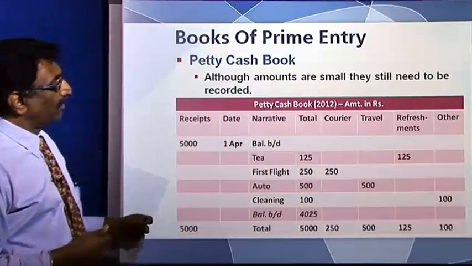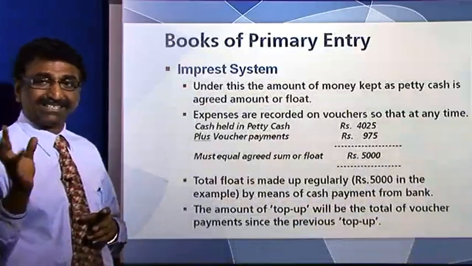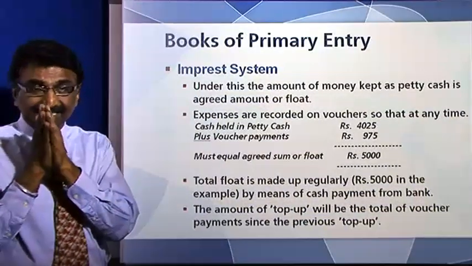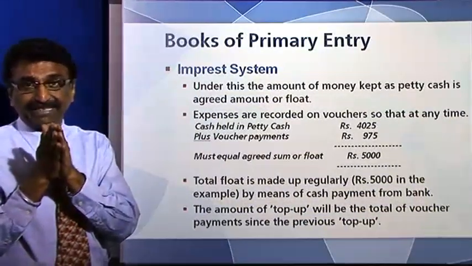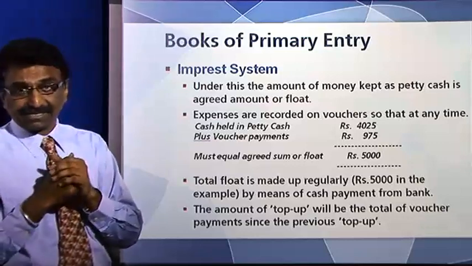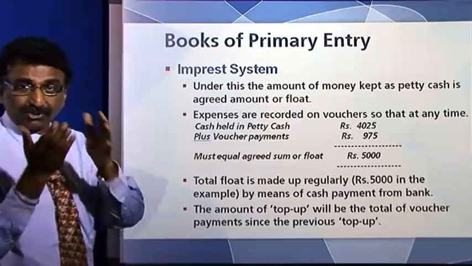Now there is something called an imprest system. What it means is a branch office is always supposed to maintain a certain balance. It should be there with them, and if the balance falls below that, the head office normally sends money from the bank to top it up.